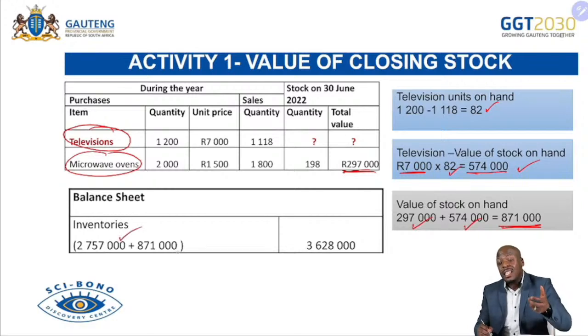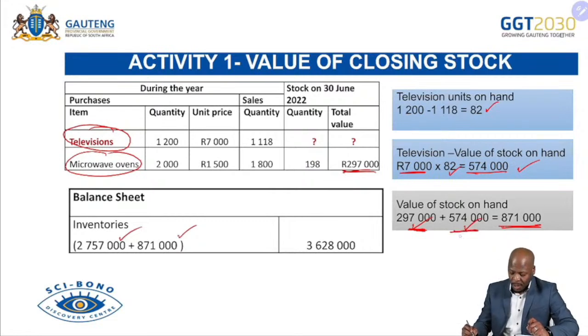Then I add the amount that was omitted, which is the 871. Remember, 871 is a combination of the 297, which is for the microwave ovens, and the 574, which is for the television set. So in my statement of financial position, I should end up with my 3,628,000. That is how it should end up as.